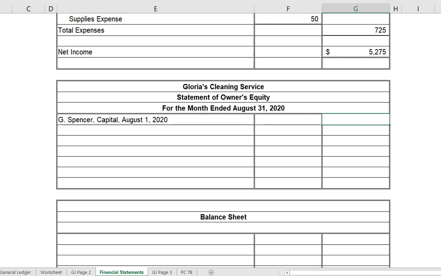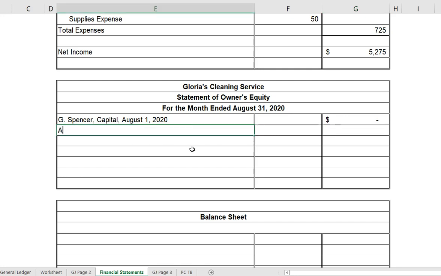And remember, this number has to have a dollar sign. So it's actually 0 because this is a brand new company and there was no money in the bank before August, right? So July's ending capital becomes August's beginning capital, but we weren't in business in July, so it starts out with a 0.